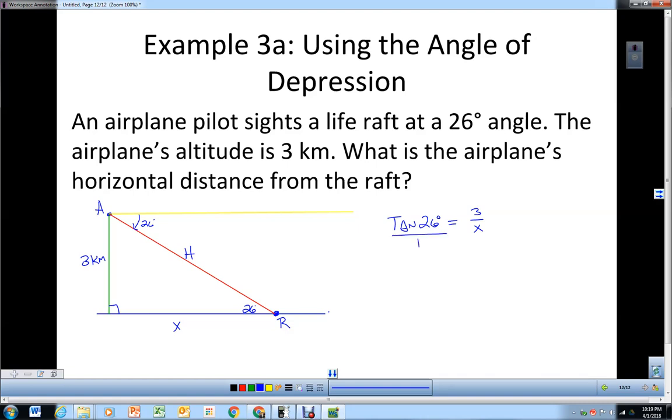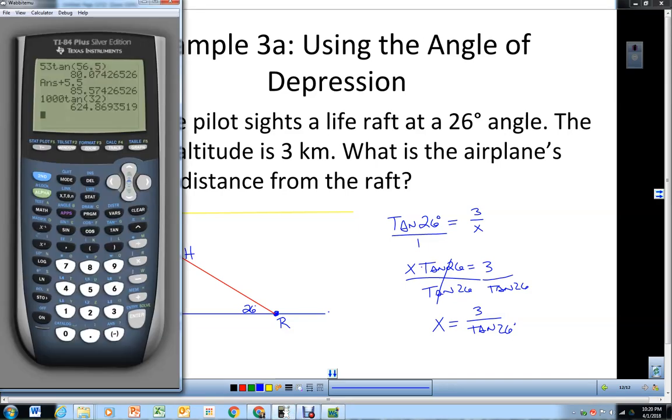As we cross multiply, we get x tangent 26 is equal to 1 times 3, which is 3. Then we divide by the tangent of 26, so x equals 3 divided by tangent of 26. Let's take our calculator: 3 divided by tangent 26, and we get 6.15.